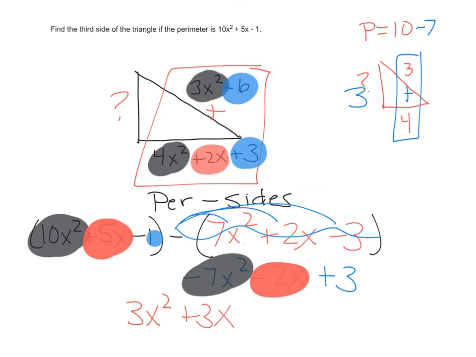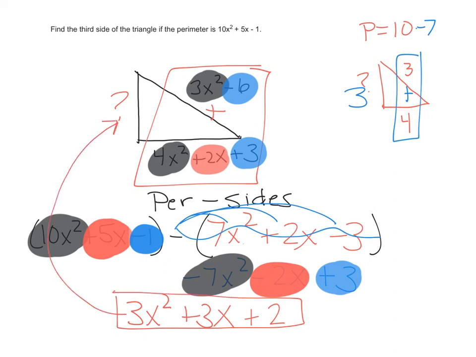And then on the last part, I'm going to add the negative 1 and the 3, and I'm going to end up with a positive 2. So this right here is my missing side. This is what would go right here, okay? So then keep in mind, if I add up all 3 of these sides, that should give me my total, okay? And that concludes the notes for 8-1.